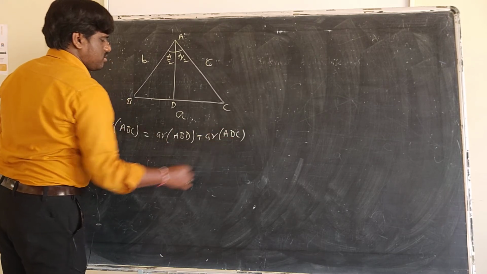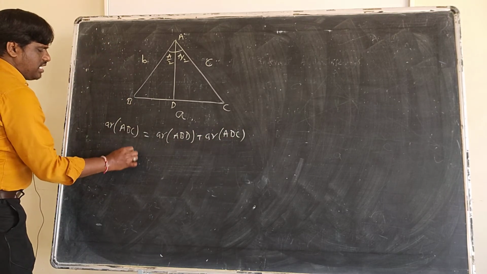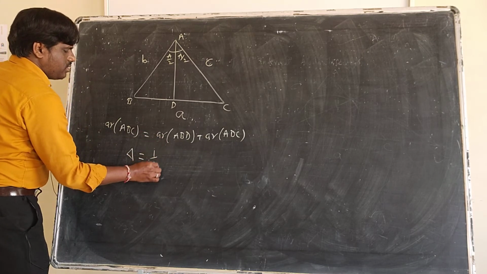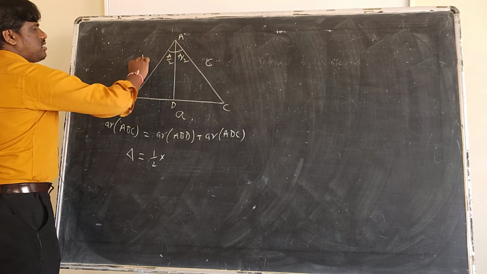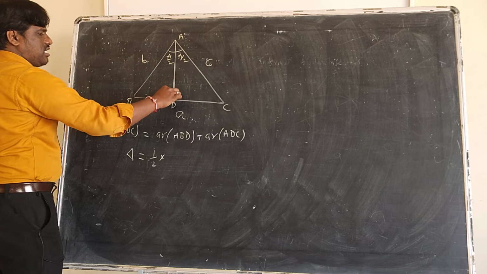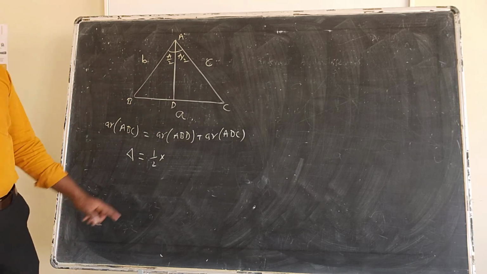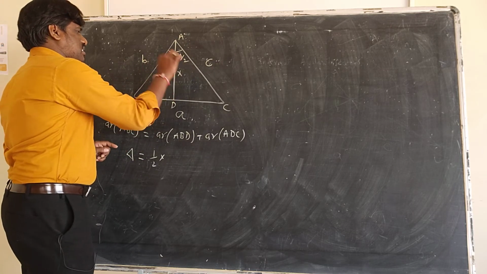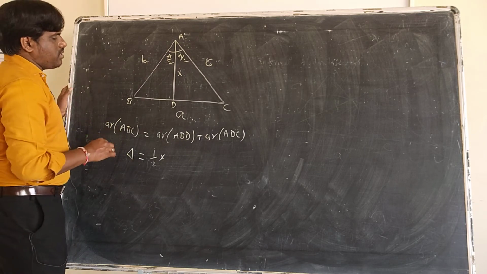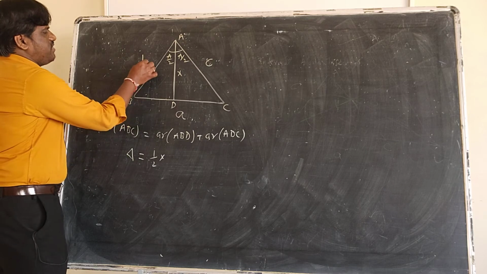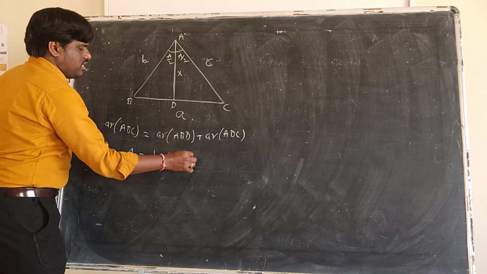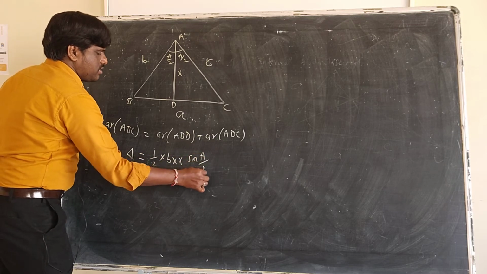Let the length of the angular bisector be x. Area of ABD is half into b into x sine A by 2.